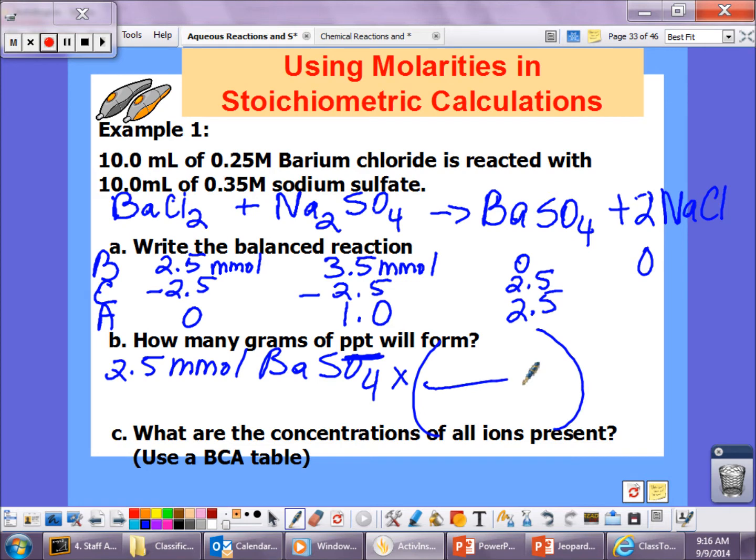I will put my grams on top, and this is 1 millimole of barium sulfate. Alright, so there is a problem here. I can change this to milligrams, right? I can change this to milligrams because I'm talking about millimoles. So can I have the molar mass of barium sulfate?